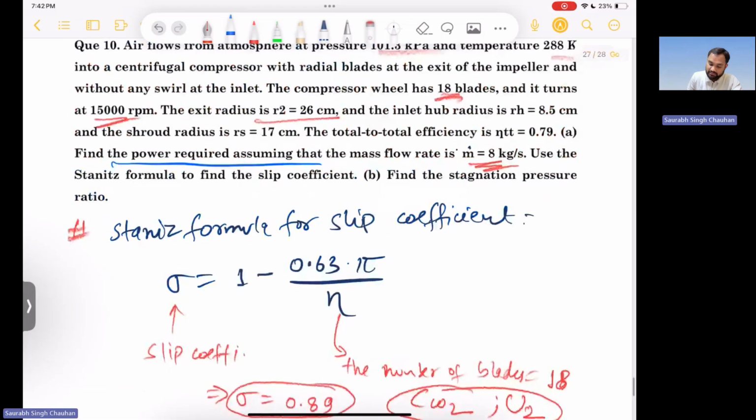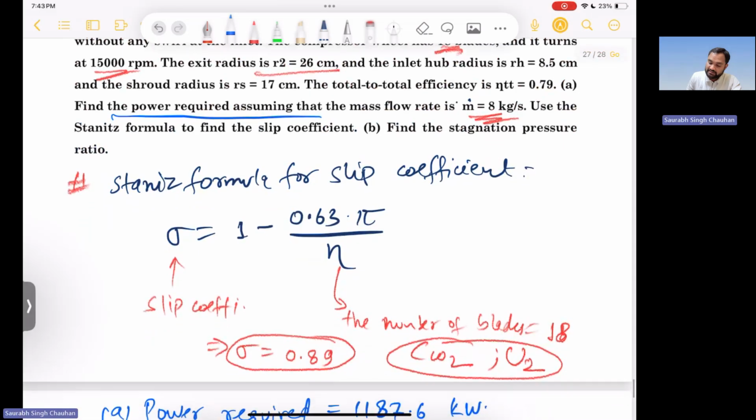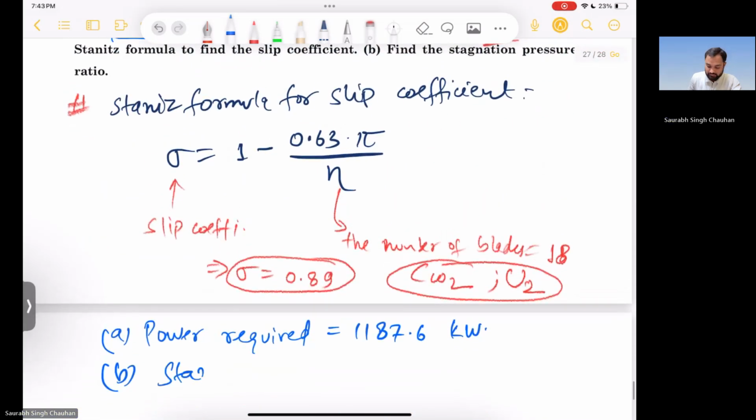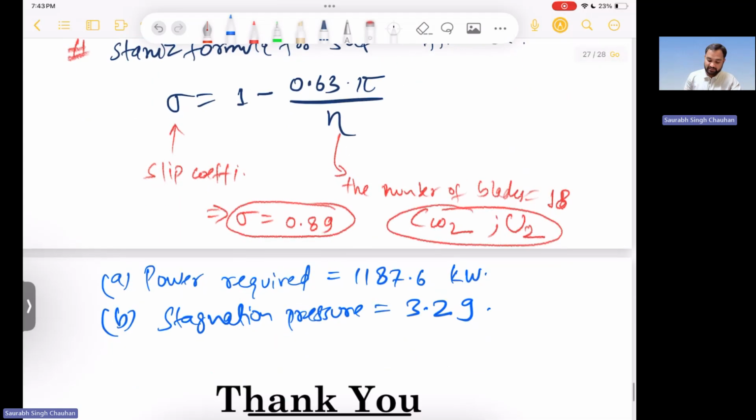Option B is asking to find the stagnation pressure ratio. The stagnation pressure ratio that I have is 3.29.